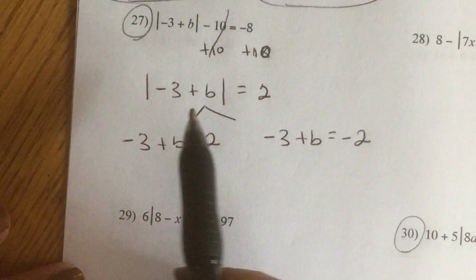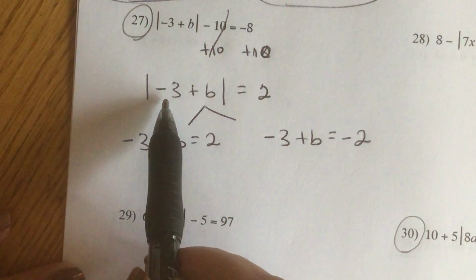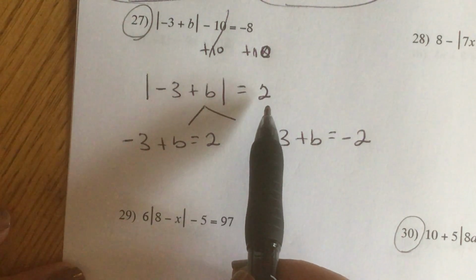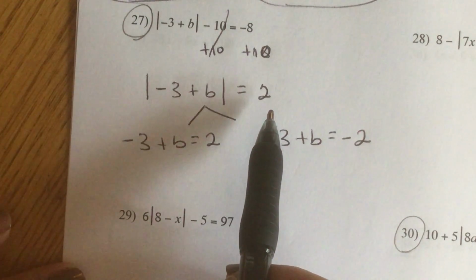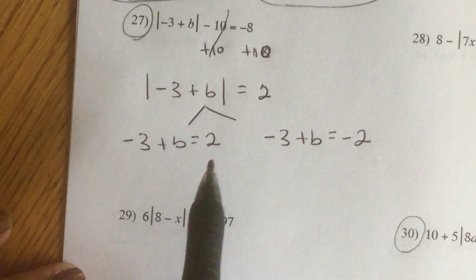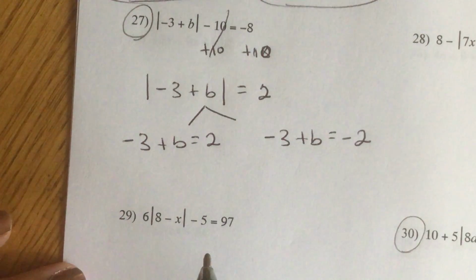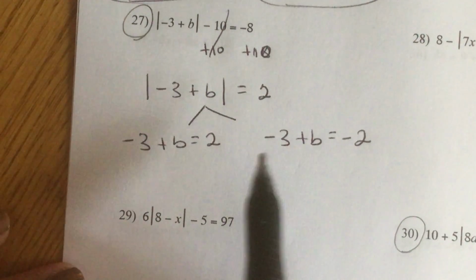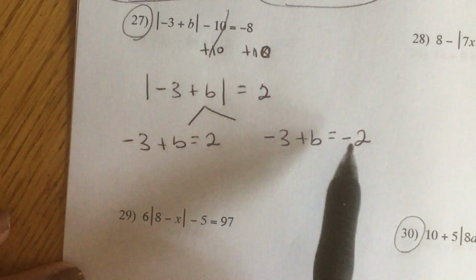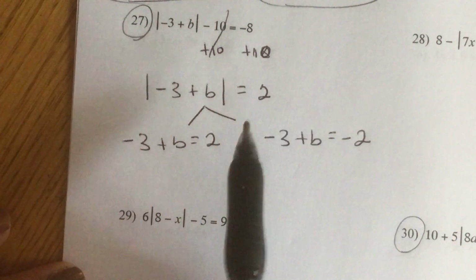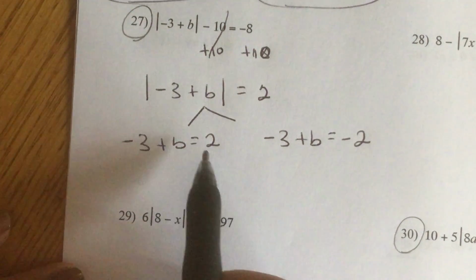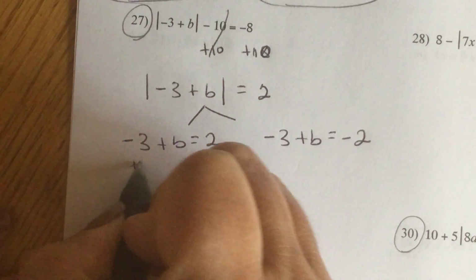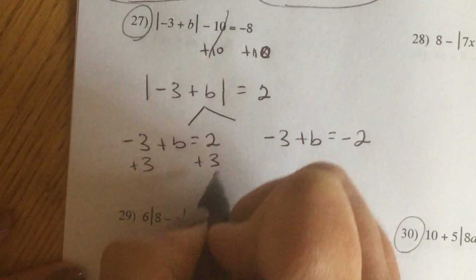Technically, you could say a positive 3 minus b is equal to a positive 2. You could leave the outside the same and change the sign of the inside, but that is more complicated. You'll be much better off if you leave the inside alone and just change the sign of the number by itself. So now you're just ready to add 3 to both sides to solve this.